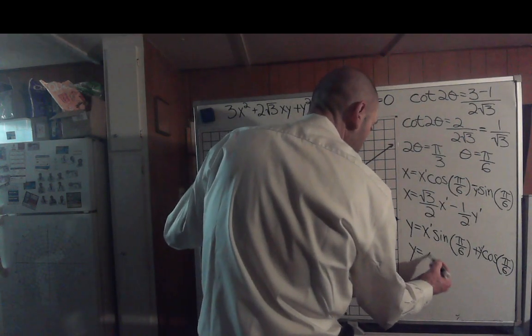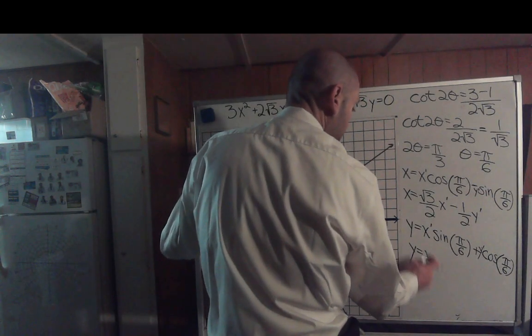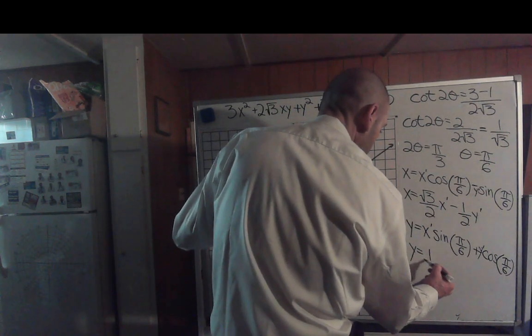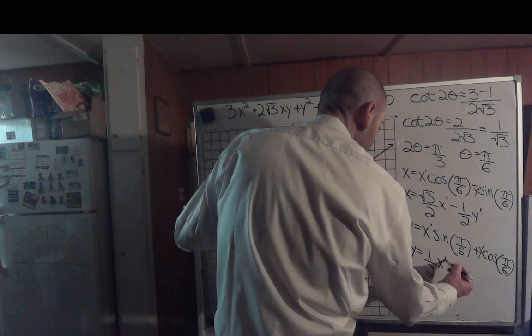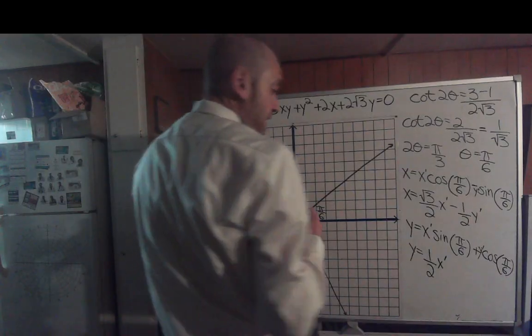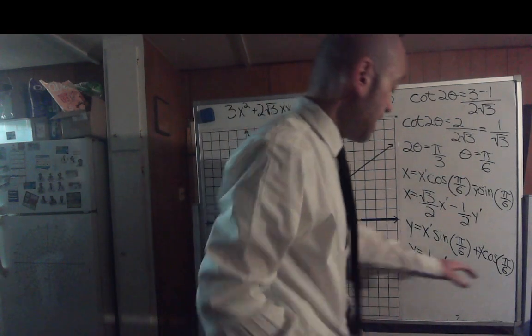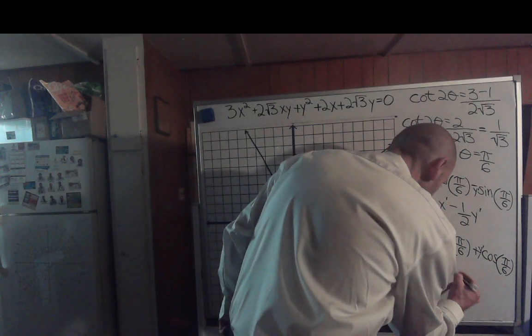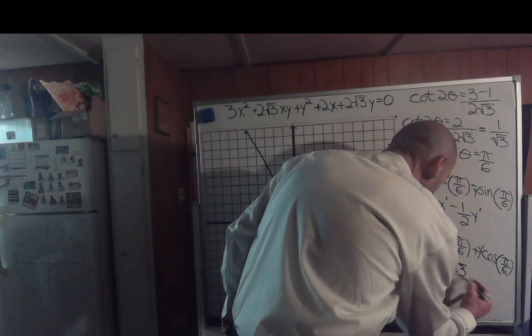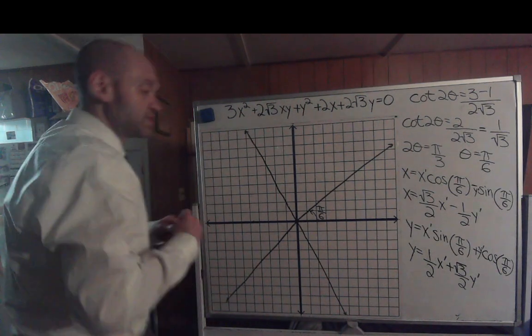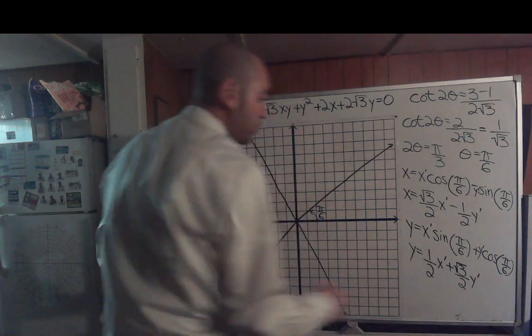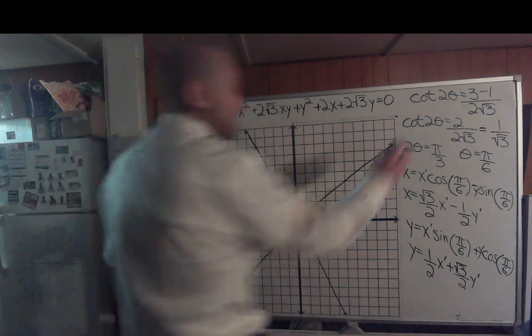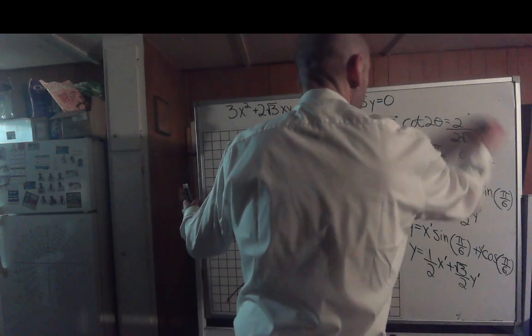So y would equal x prime times the sine of pi over 6, that'd just be 1/2 of x prime. And then you'll have y prime times cosine of pi over 6, that'd be plus square root of 3 over 2 times y prime. So now we have our equations for x and y converted into x prime, y prime. Let's go ahead here and make some room. Again, feel free to rewind the video if you need to.